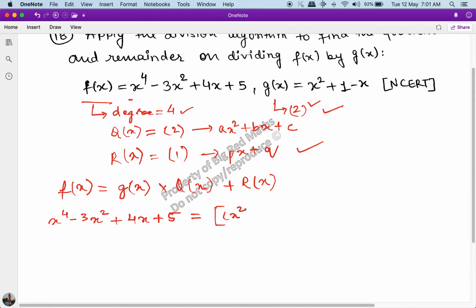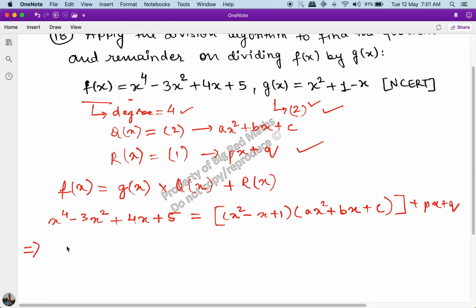This will be x squared plus x minus 1 multiplied with ax squared plus bx plus c, plus px plus q. Okay, so this is the question that we have to solve. Now I will leave the LHS here as it is for the sake of comparison, and this is a very lengthy term to open.